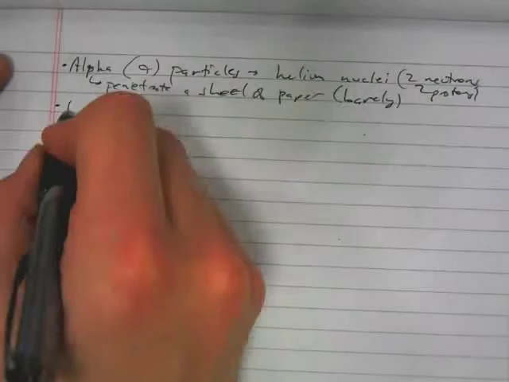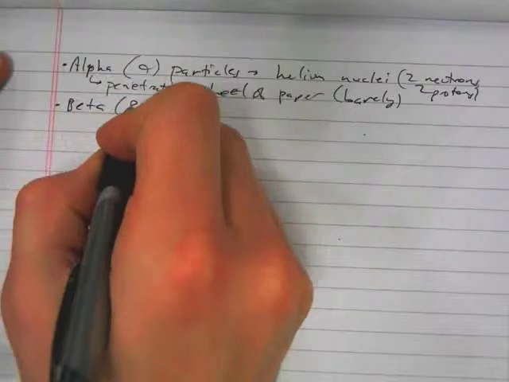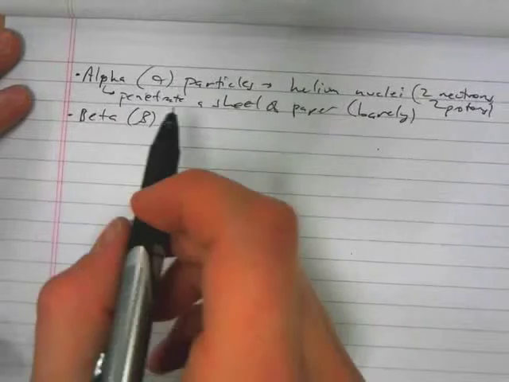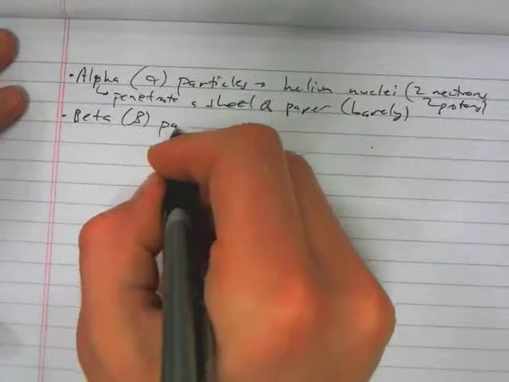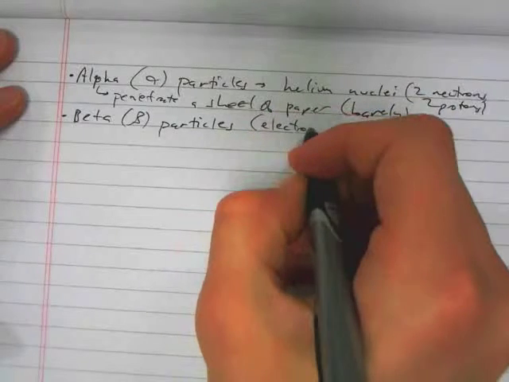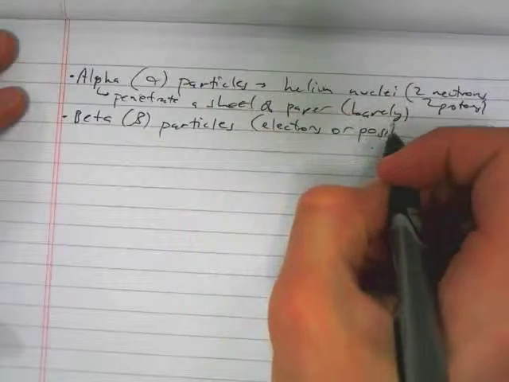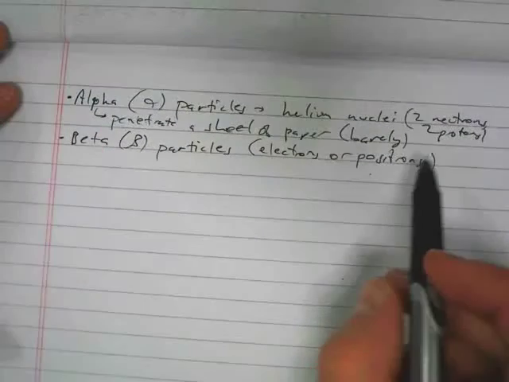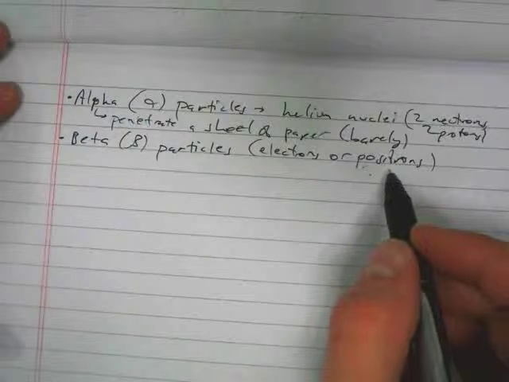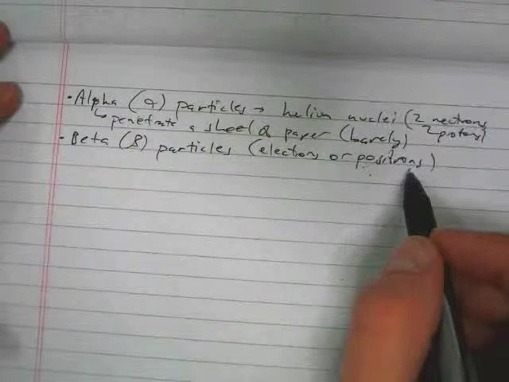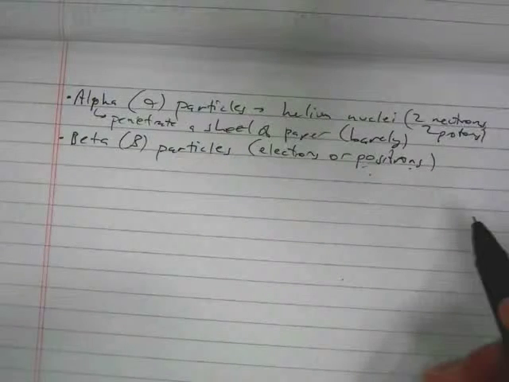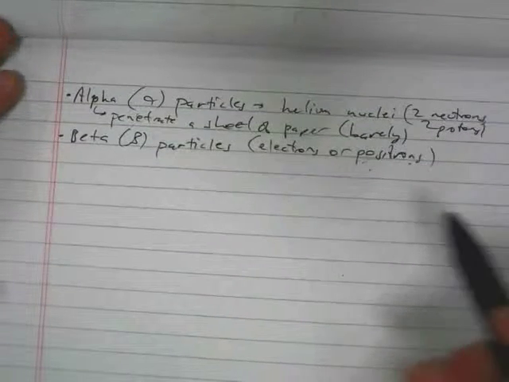There's beta radiation. These correspond to the first 3 Greek letters, alpha, beta, and gamma. Beta particles are electrons or positrons. Positrons are the antiparticle of an electron. They are identical to electrons, except that they have positive charge. So they have the same mass, same magnitude of charge, and all that fun stuff, but they just have a positive charge.